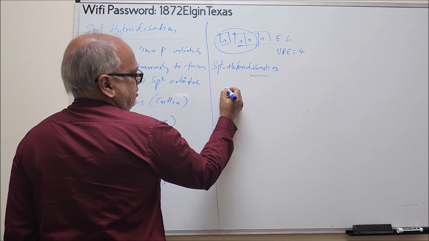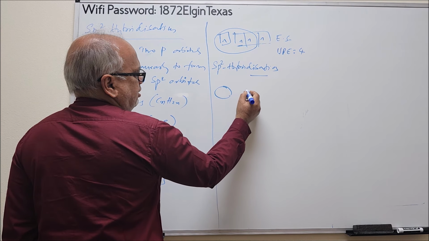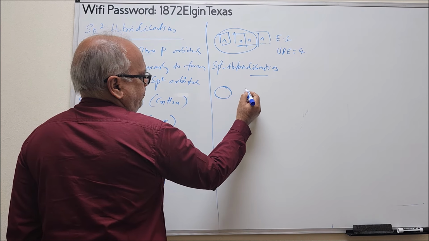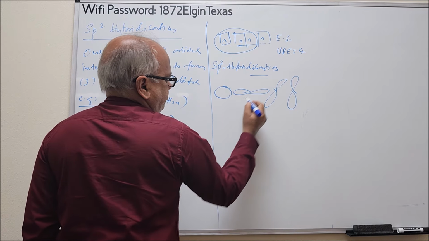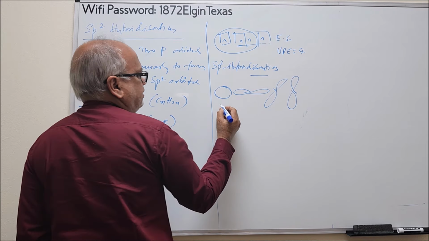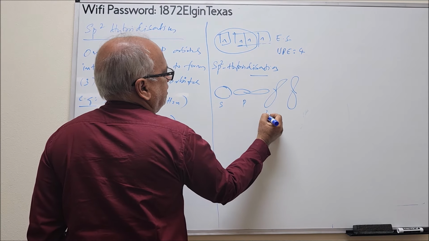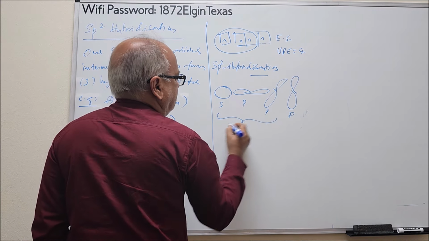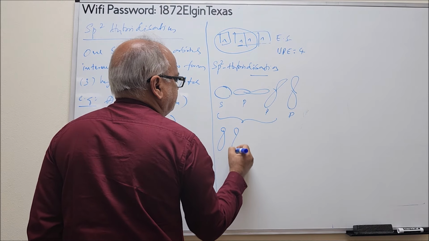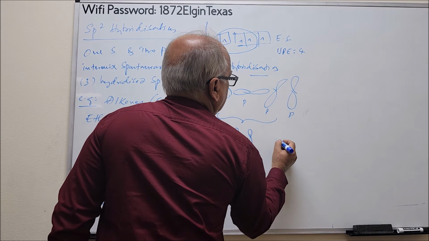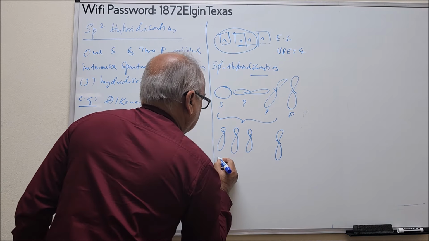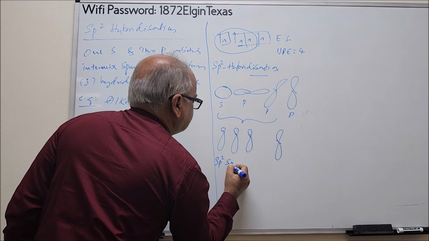SP2 hybridization. So the s orbital of one carbon atom, and the p orbitals Px, Py and Pz: s, p, p and p. Two of the p orbitals will intermix with the s orbital to form SP2 hybridized orbitals.